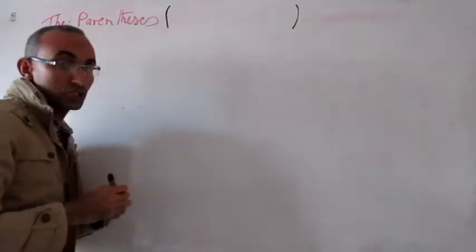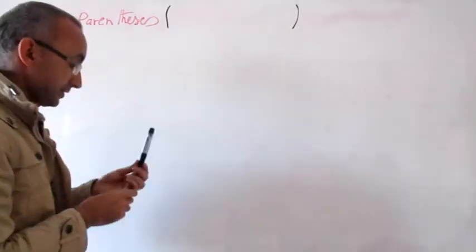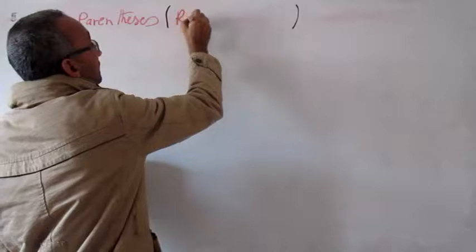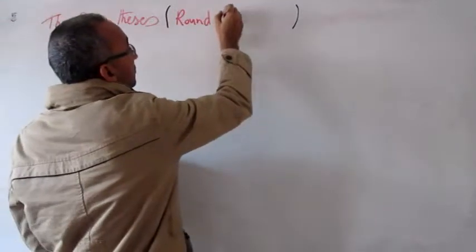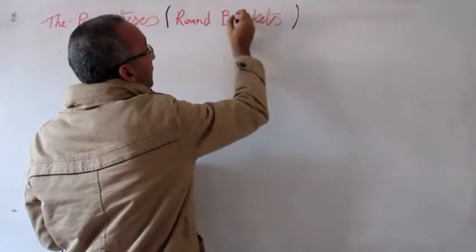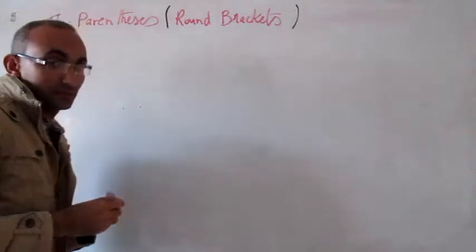It is called by the British the round brackets. So it has two terms or two names. The British, when they say round brackets, they mean these parentheses.